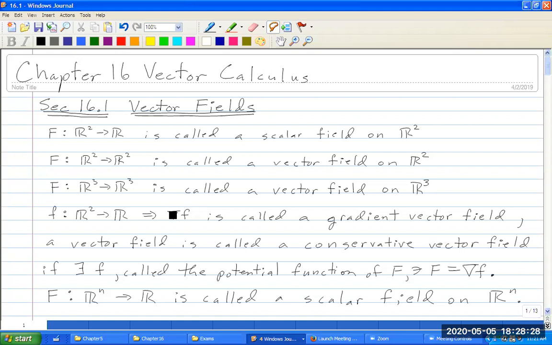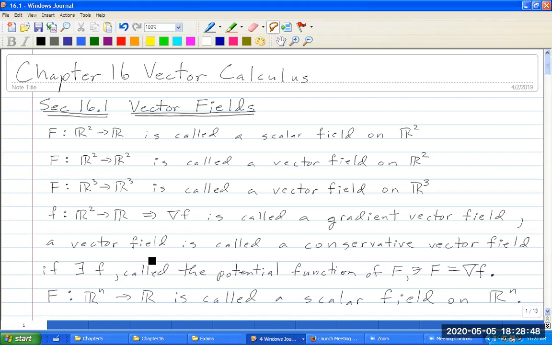So associated with this gradient will be a vector field, and we'll call that a gradient vector field.